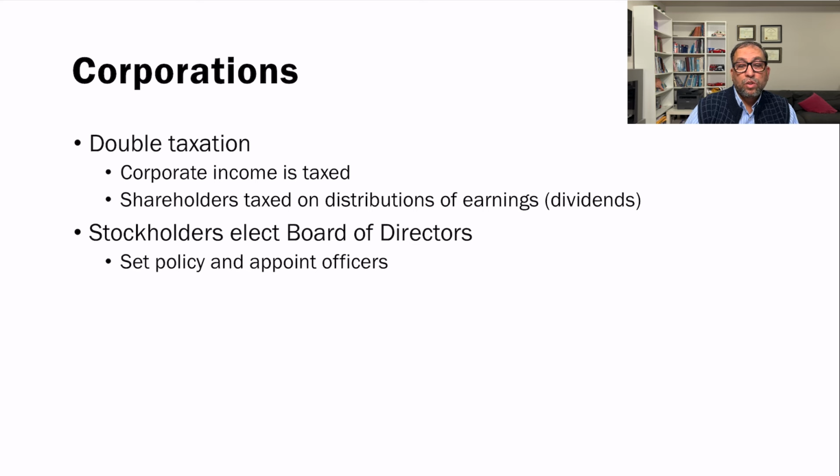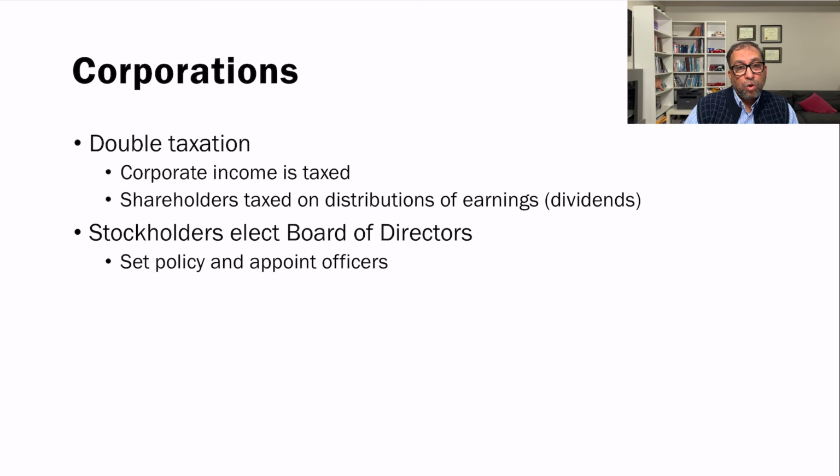Shareholders are taxed on the distribution of income as a dividend. Stockholders elect the board of directors and set policy. Normally the stockholders are not involved in running the business, and they only participate in the election of the board of directors. The board of directors is the policy-making or governing body for the corporation.